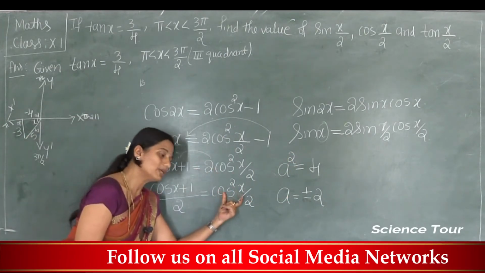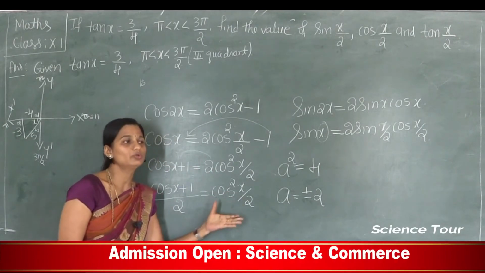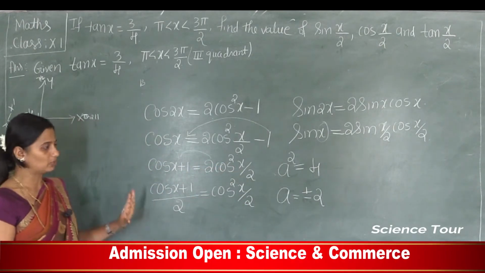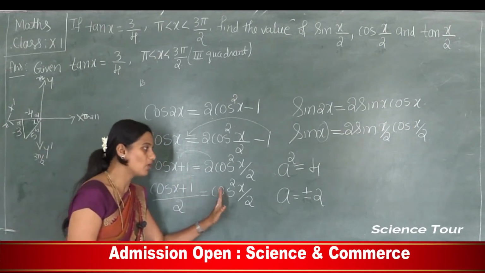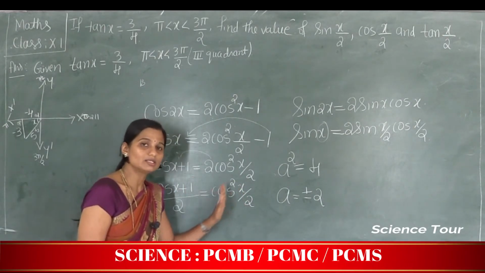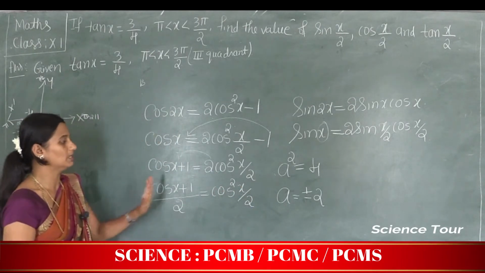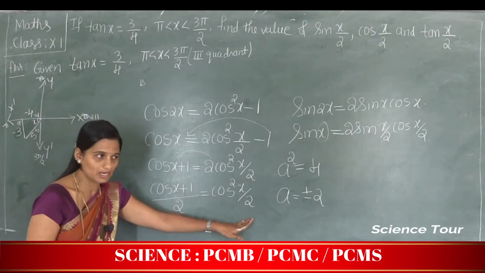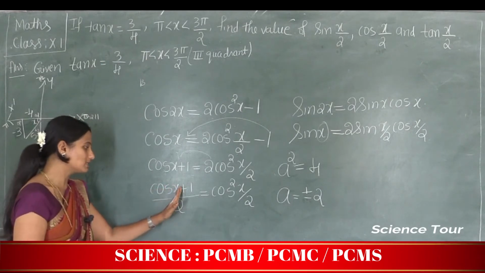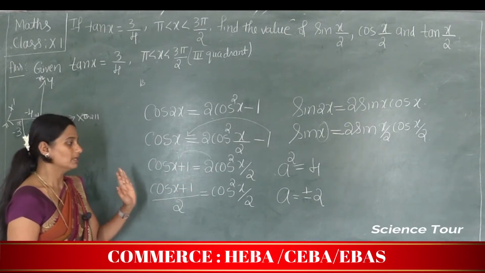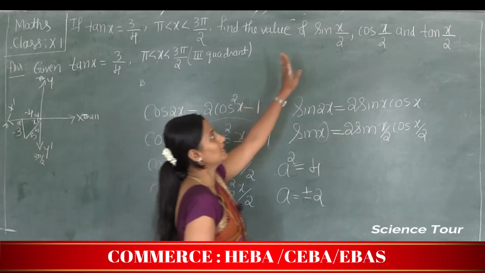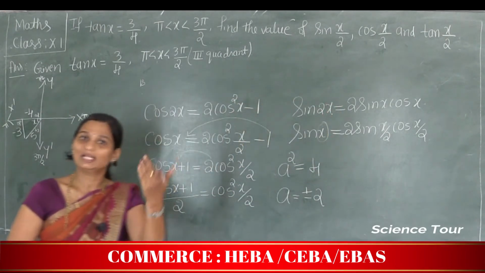Similarly, if you get cos square x by 2, you can get cos x by 2 by taking square root. Understood? Yes. Now how to find cos x by 2? The formula is cos square x by 2 is cos x plus 1 divided by 2. Clear, no? Yes. Now similarly sin x by 2, that I will show you later.